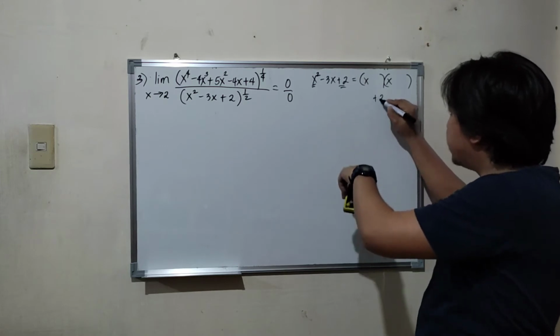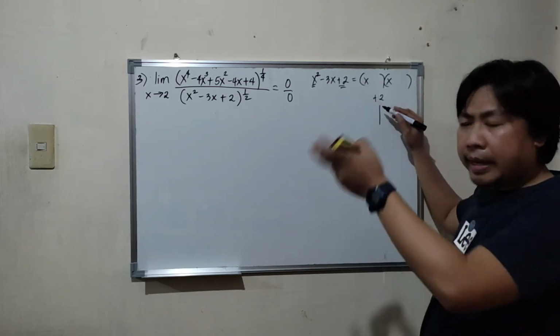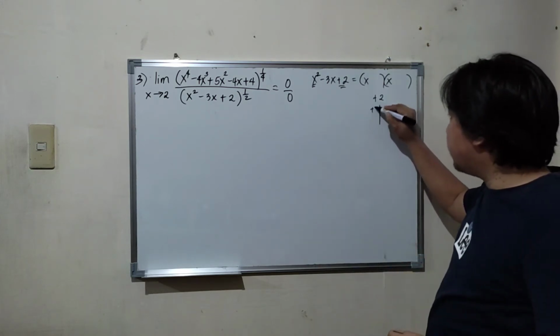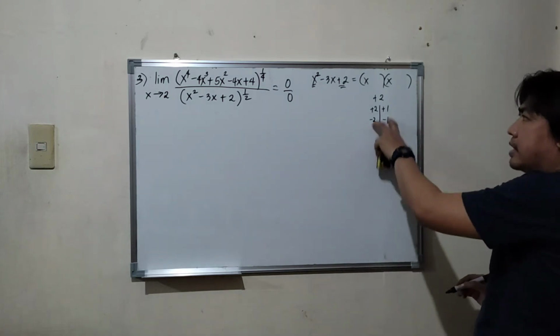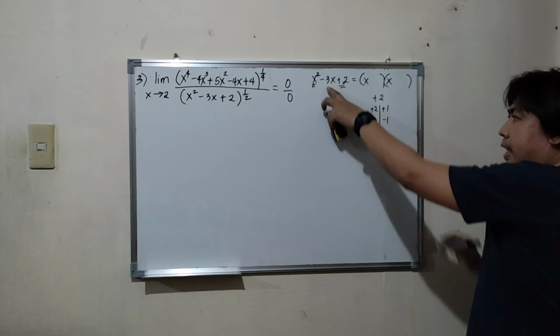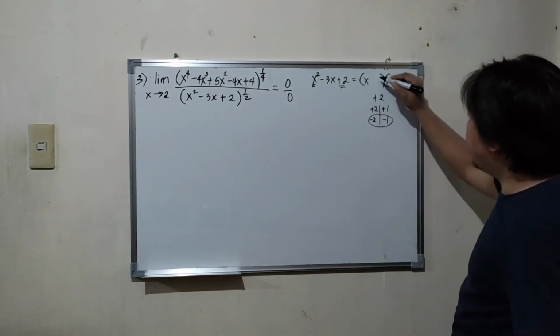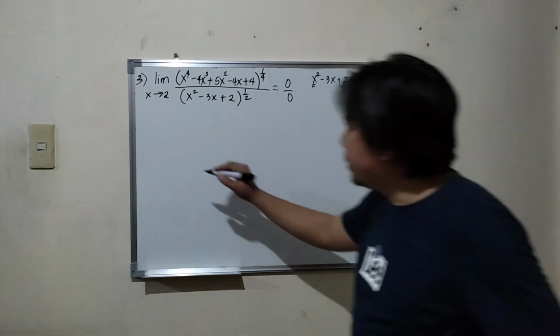So factors of positive 2 such that the sum will be negative 3. So ang pwede lang natin maging factors ay positive 2, positive 1, or negative 2, negative 1. So the product is positive 2 and then the sum should be negative 3. So ito yung factors natin. So we have x minus 2 and x minus 1 for the denominator.